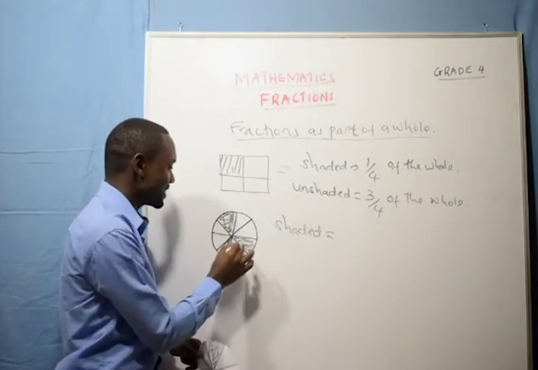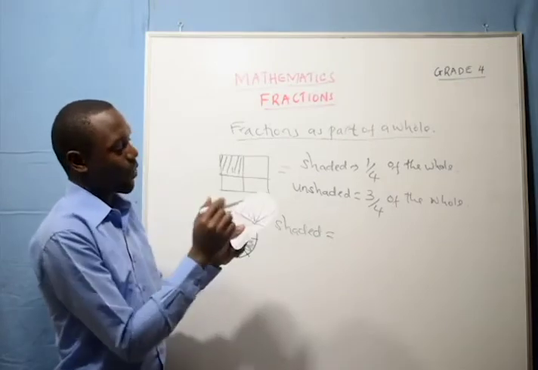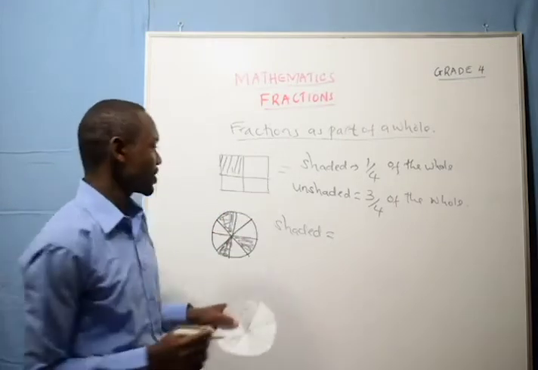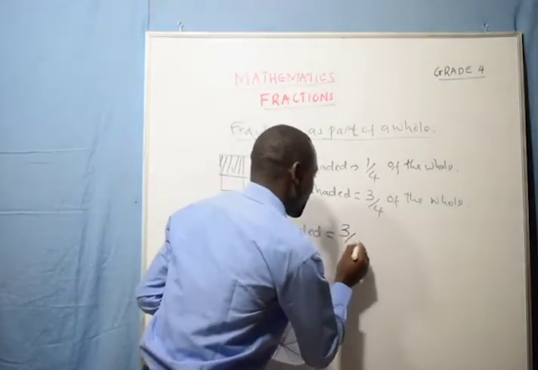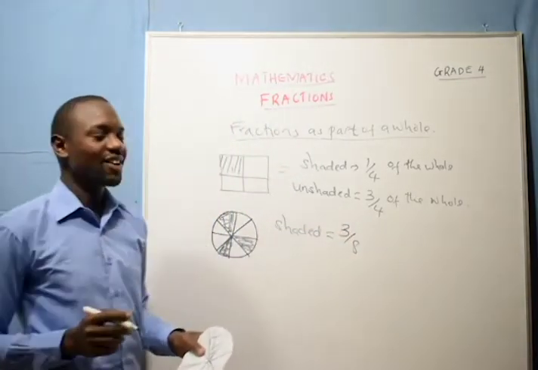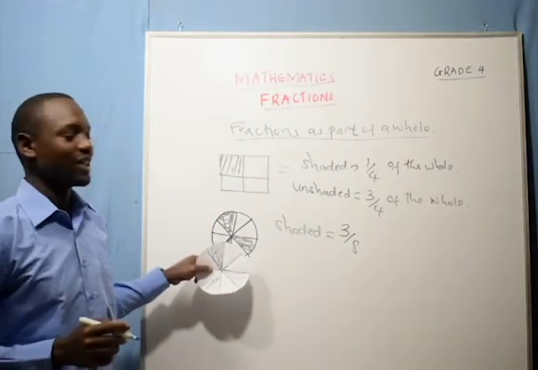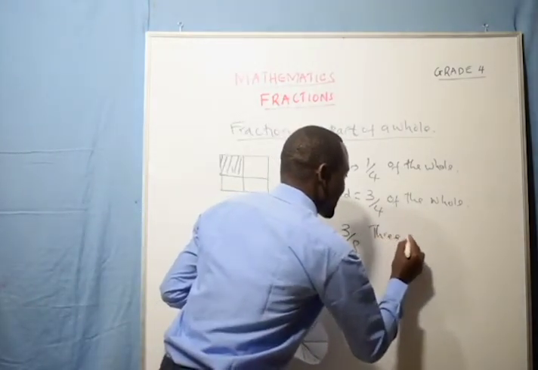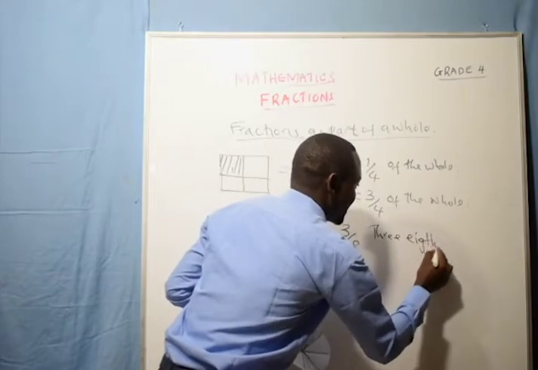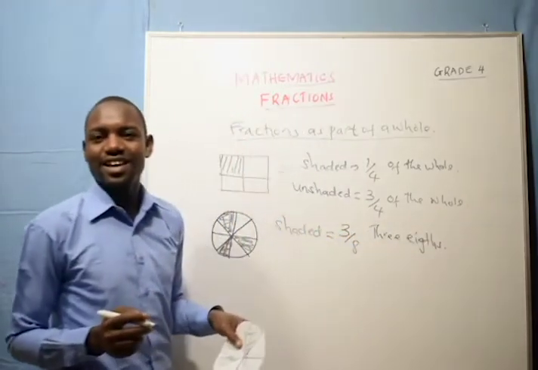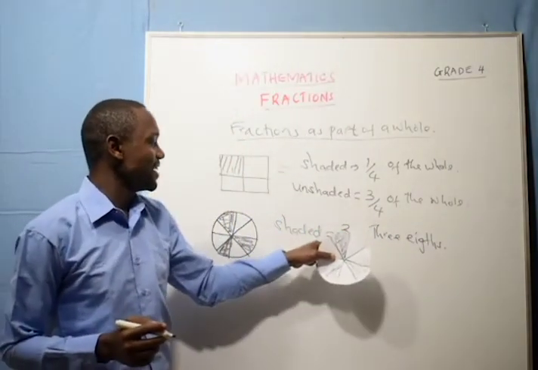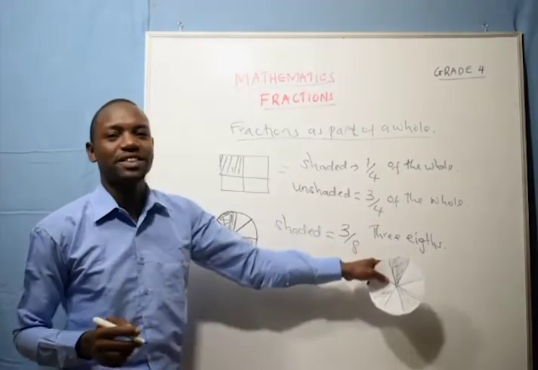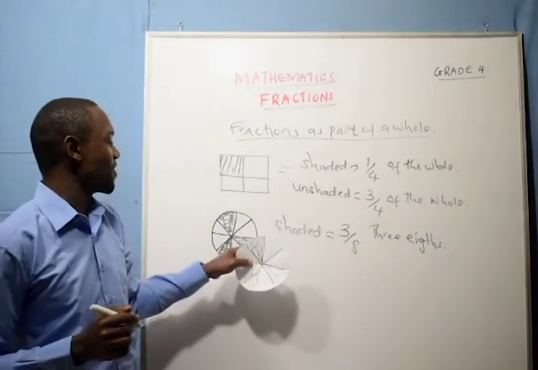We have 1, 2, and 3. So the shaded part is 3 over 8 of the whole cutout. These are 3 eighths. So I've shaded 3 portions, which represents 3 eighths of the whole.